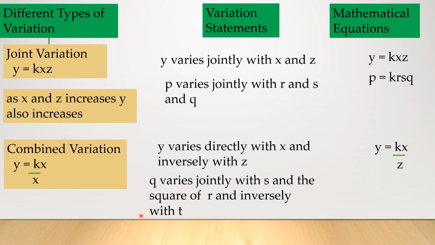If you have q varies jointly with s and the square of r, and inversely with t, then q is equal to k times s times r squared divided by t, because of inversely with t.